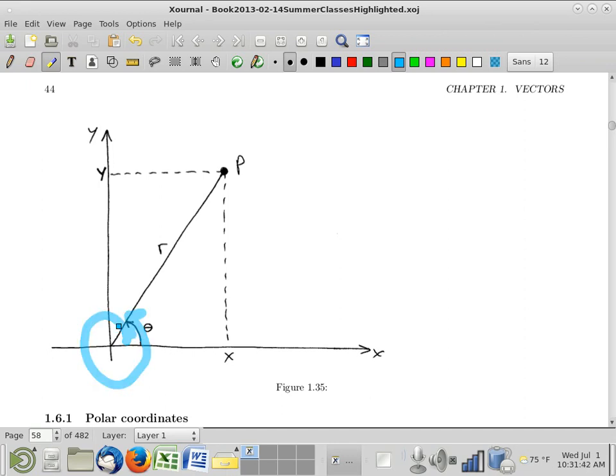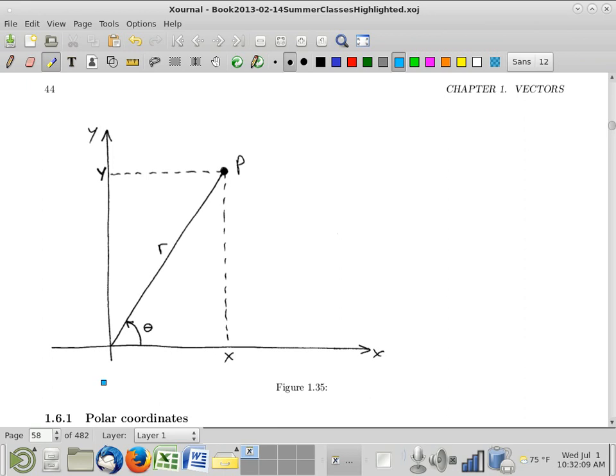It would be 2 pi plus whatever the original angle was. That would still point me in the same direction. So theta is not unique. It's not a well-defined thing. The same point you can describe with different polar coordinates. That doesn't happen in rectangular coordinates. If you have a point, it has a unique set of rectangular coordinates. Polar coordinates are not unique.